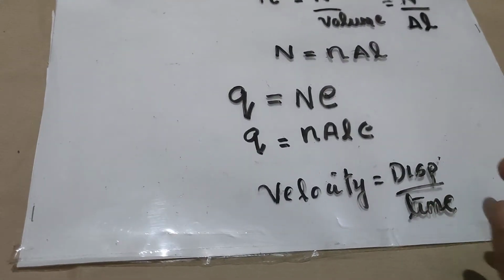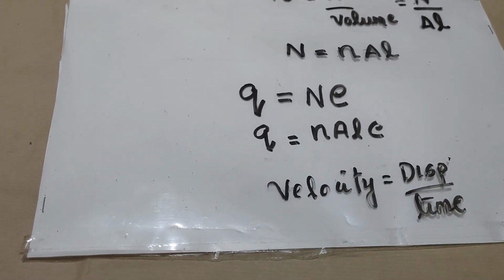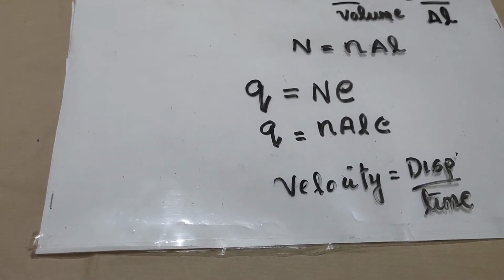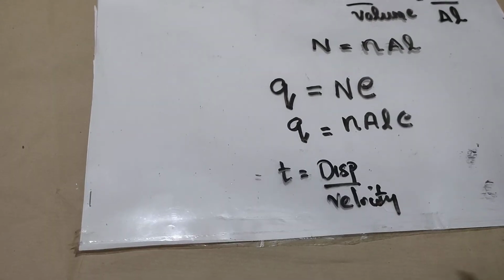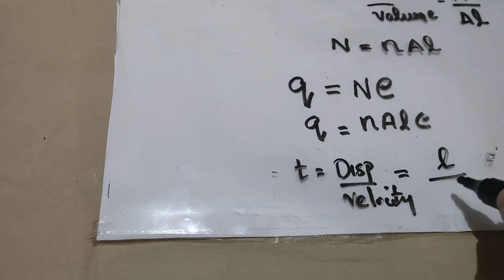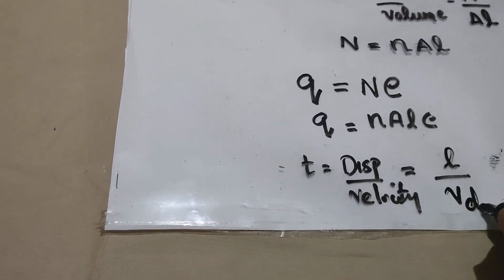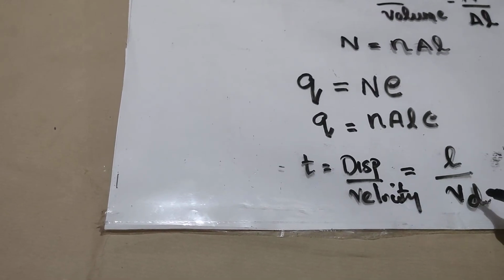So time is equal to displacement by velocity. We know displacement is equal to the length of the conductor and the electrons are moving with velocity Vd. So t is obtained as L by Vd.